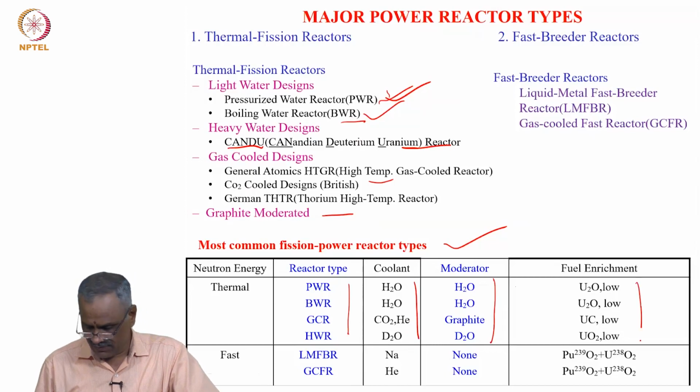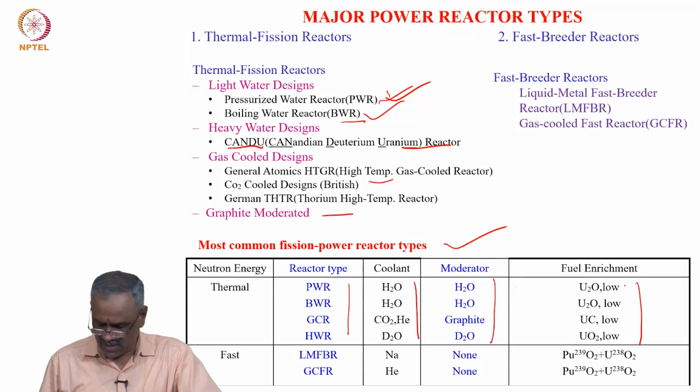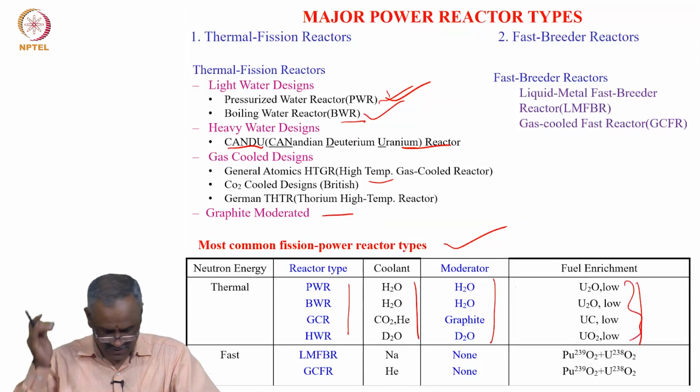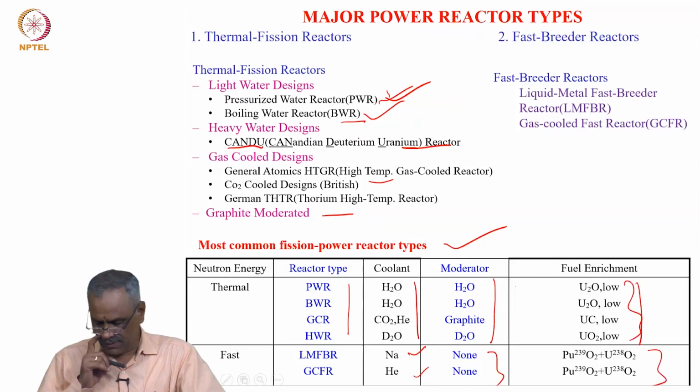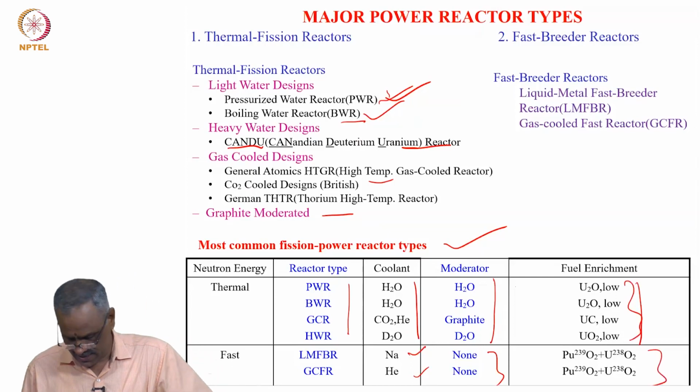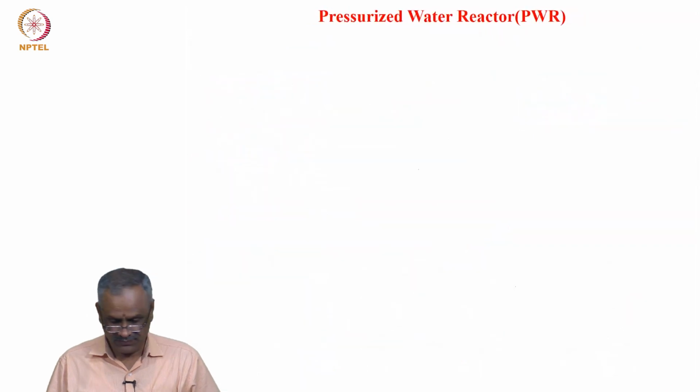Then you have fuel enrichment, UO2, low percentage of enrichment, whereas in fast breeder reactors, liquid metal sodium and helium are used, and a moderator may not be required in this case. Therefore, the fuels are plutonium oxide and uranium oxide, a combination of these.